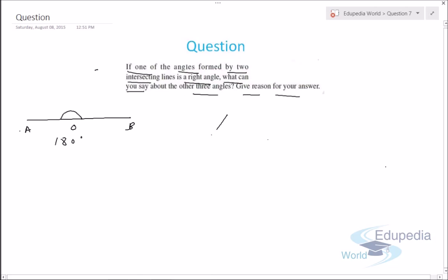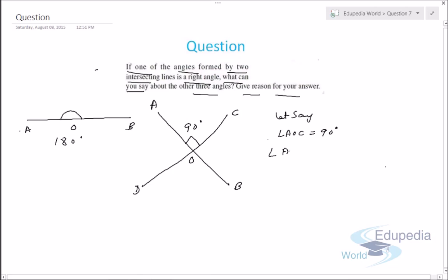Now suppose we have two intersecting lines, right? We can say AOB and COD. If one of the angles of the two intersecting lines AOB and COD is 90 degrees, let's say angle AOC is 90 degrees, then we can say that angle AOC will be equal to angle DOB.